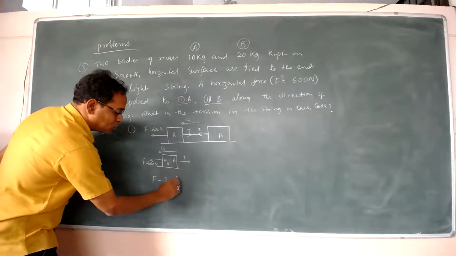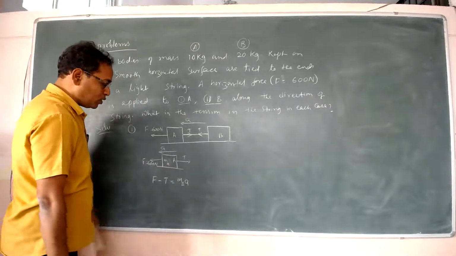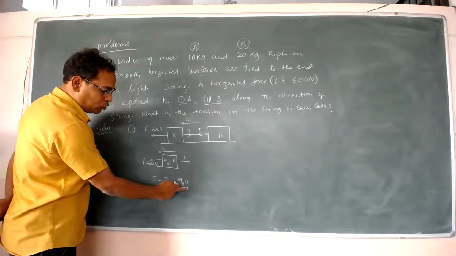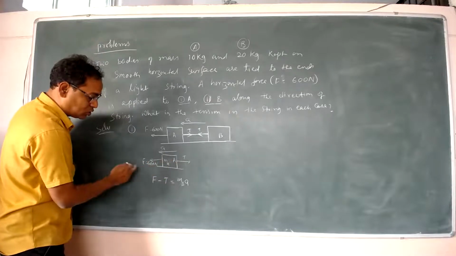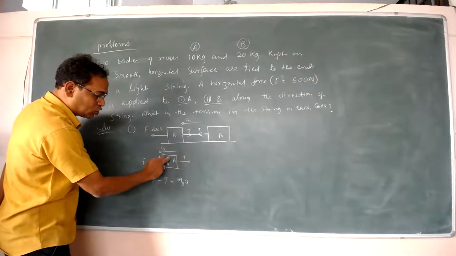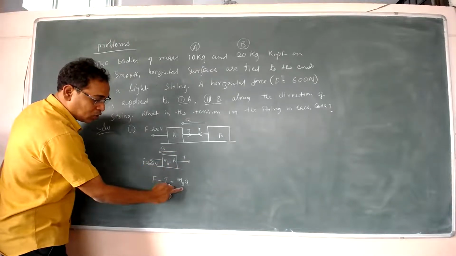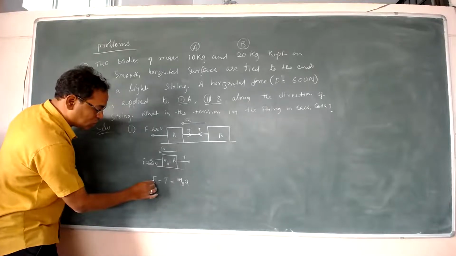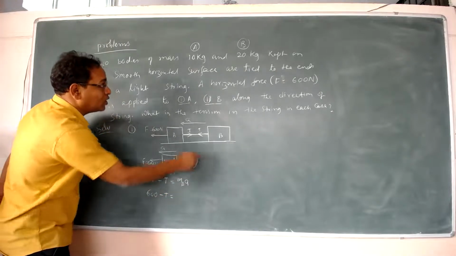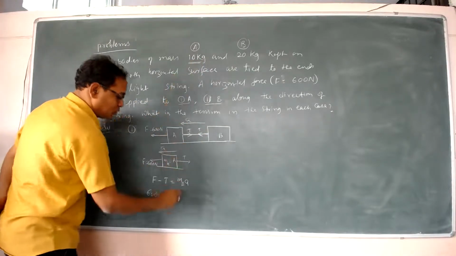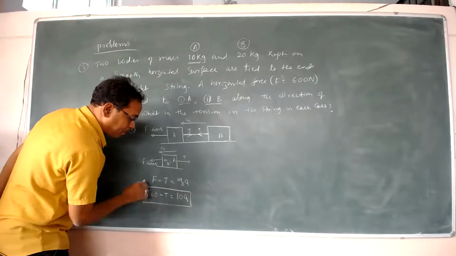Mass into acceleration is the net force, which is this force minus that force. So 600 minus T equals 10 into a. Say this is equation 1.